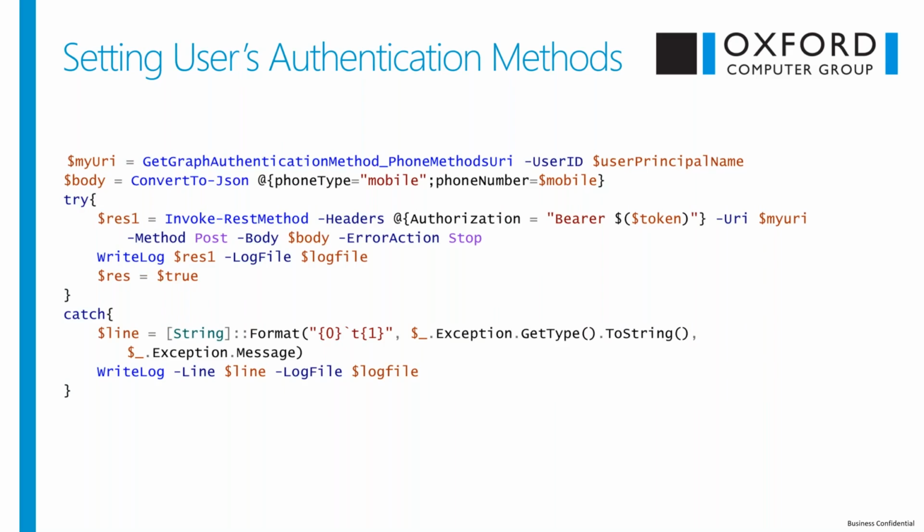Just as we can read information from the API, we can also set it. And here's an example where we're going to set an authentication method on the user. In this case, we're going to add a mobile phone number, and you'll see in that body where I convert to JSON, it's basically setting the parameters that we set in Graph and passing that on up to the method using Invoke-RestMethod in PowerShell.